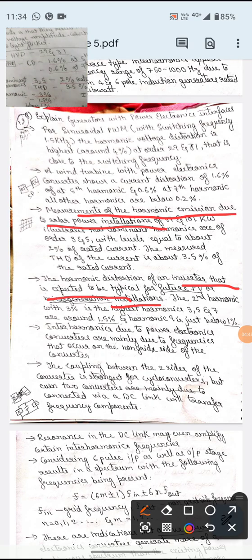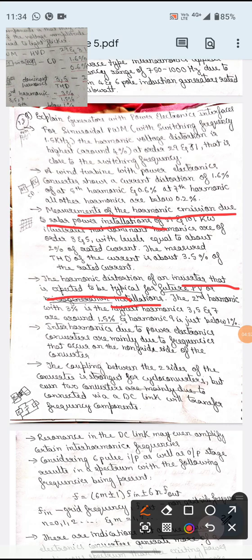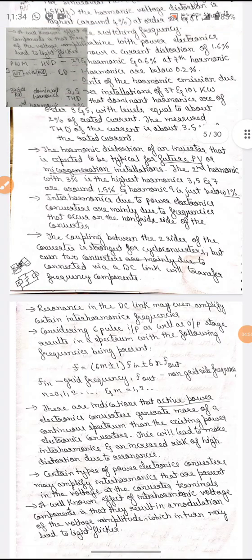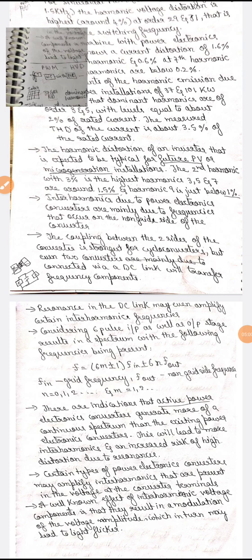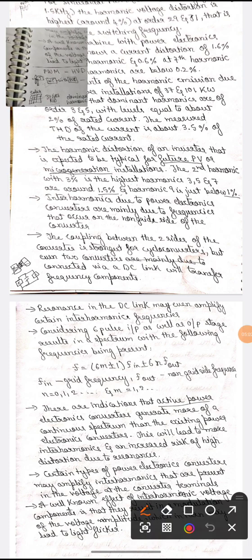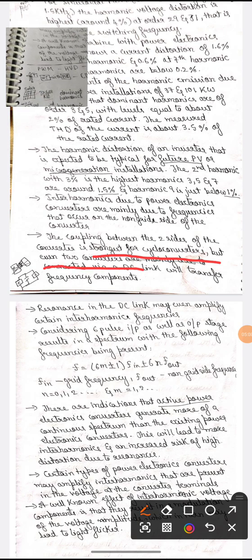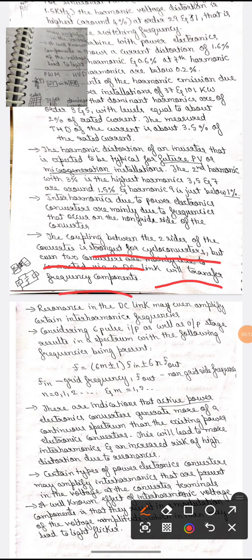Next, the coupling between the two sides of the converter is strongest for cycloconverters, but even two converters connected via a DC link will transfer frequency components.